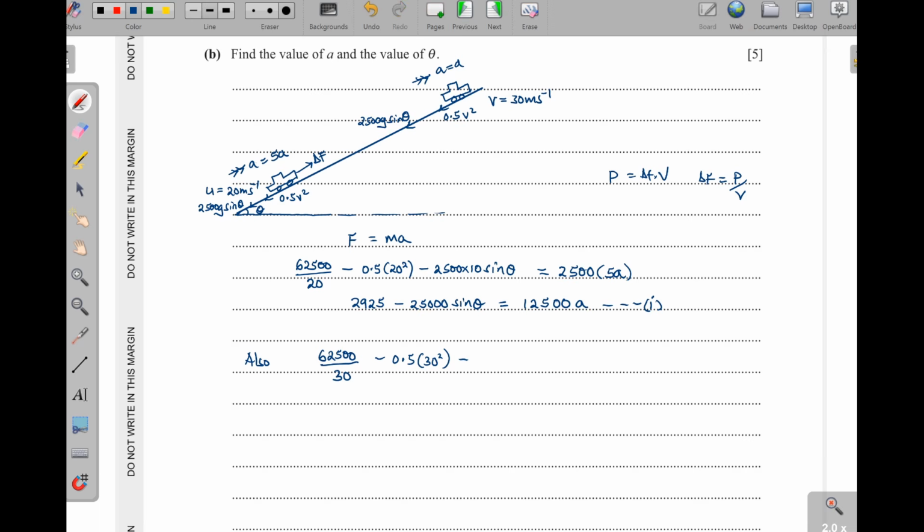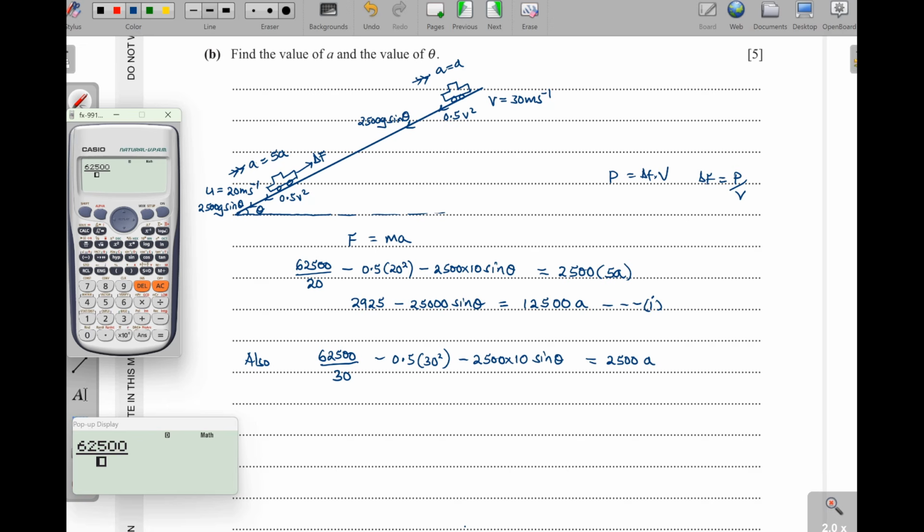We shall also subtract 2500, the mg sine theta, then sine of theta, which is equal to 2500 times the acceleration at that point, which is A.